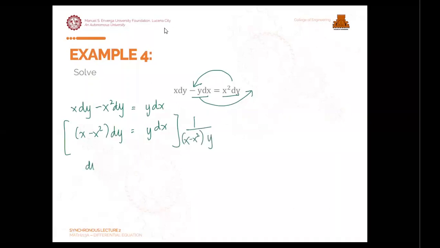So itong dy over y is equals to dx all over x minus x squared. Okay? Then we can now derive, no? Kaya yung right side, magiging dy over y is equals to dx all over x times 1 minus x. Okay? We can now integrate.